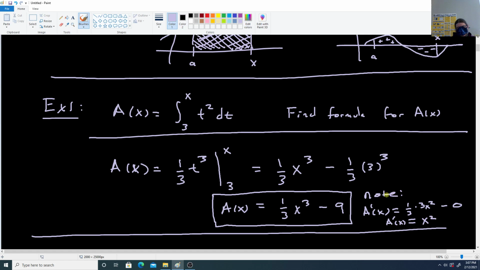So it's a little side note. If we take the derivative of this, we get x squared, which is the same form as t squared that we have here. So if we have one of these area formulas and we take its derivative, we get the integrand back, but the x variable replaces the t, or whatever variable is used for the upper limit replaces the other one.